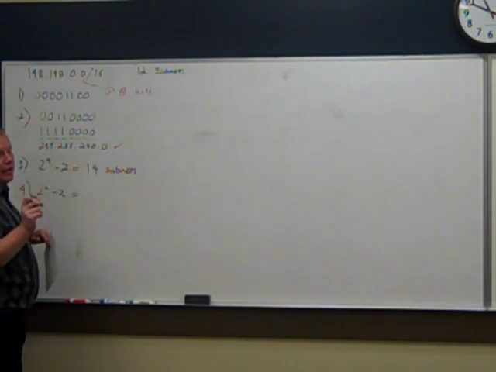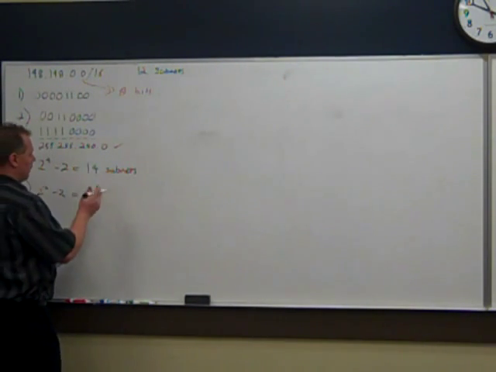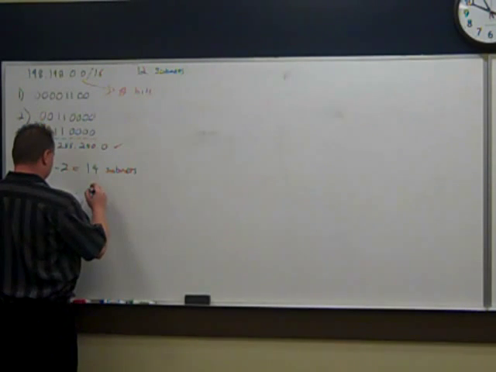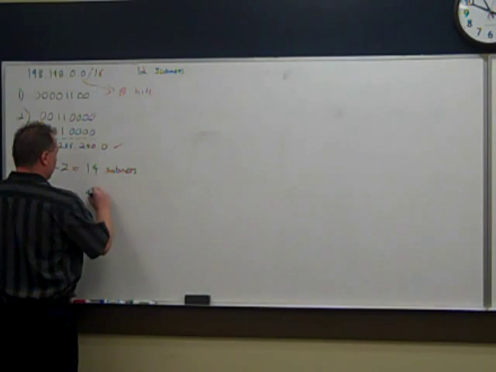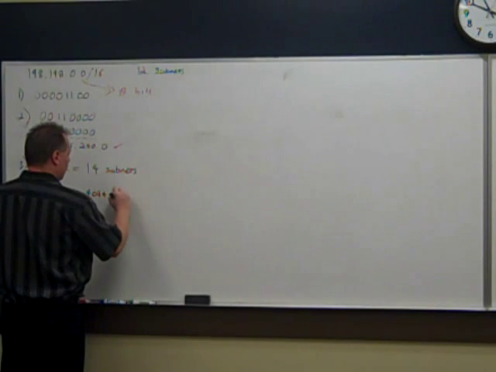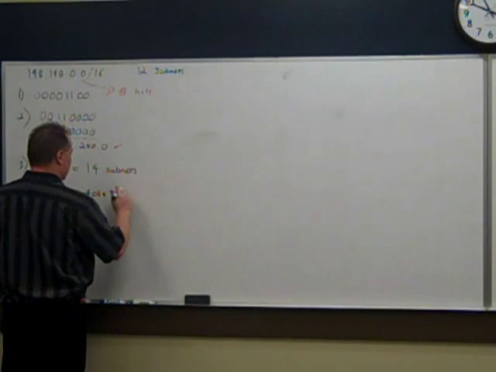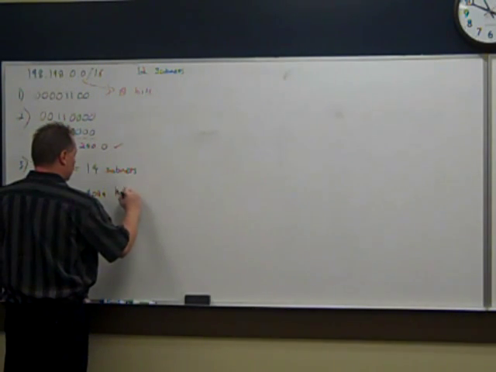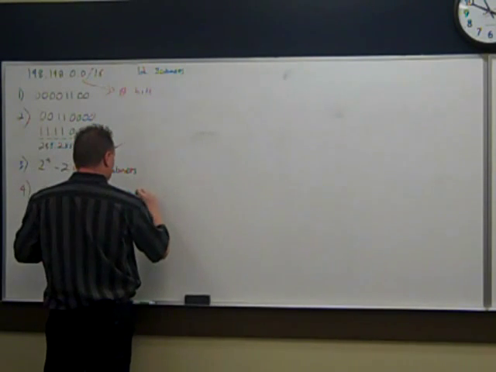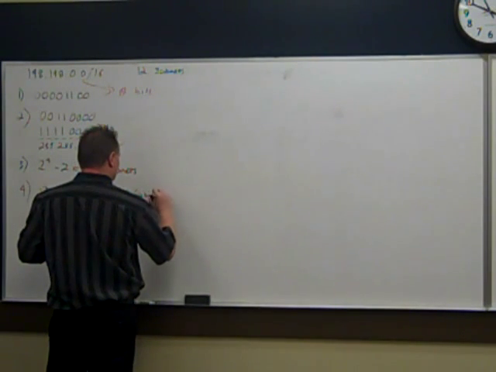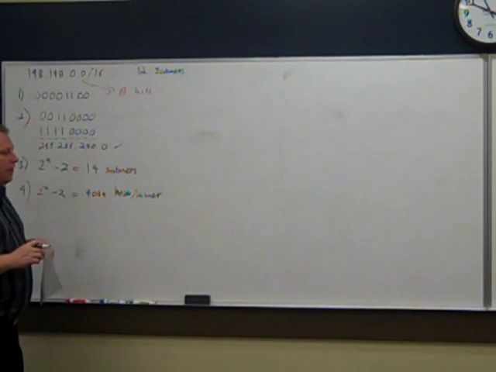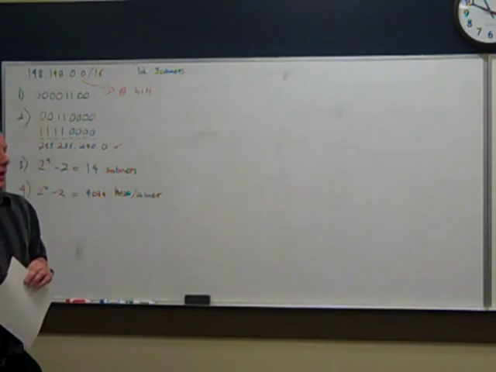Remember, we're throwing out the first and last address. That gives 4,094 hosts per subnet.